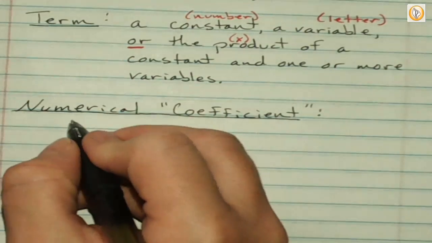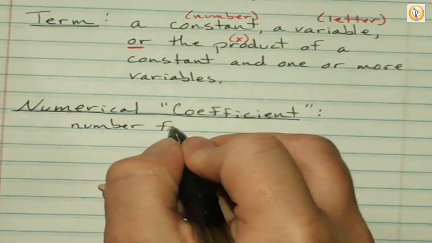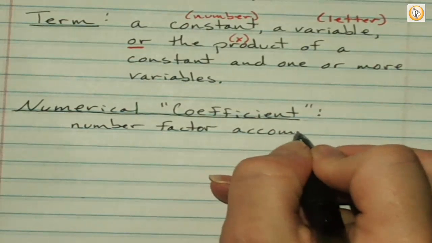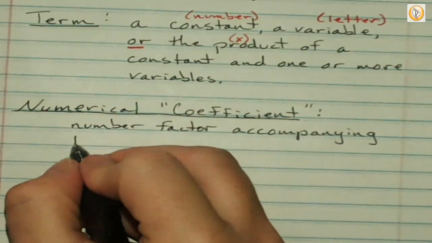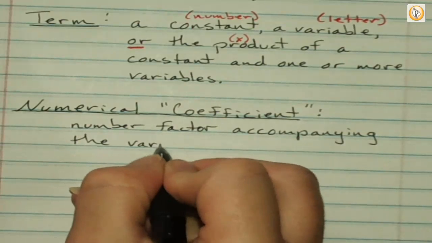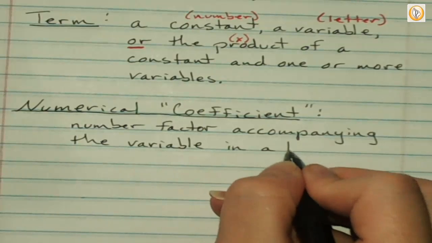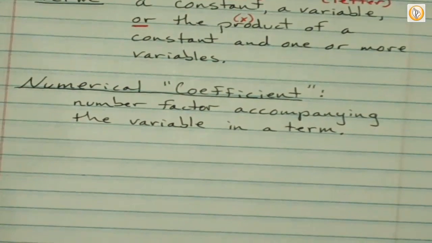Numerical coefficient. It is a number factor accompanying the variable in a term. Okay, numerical coefficient is a number factor accompanying the variable in a term.